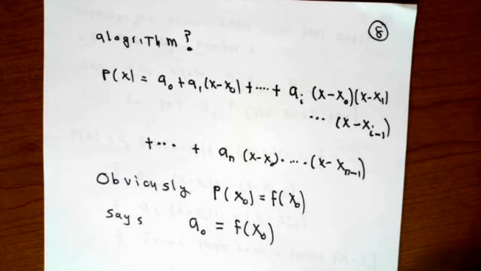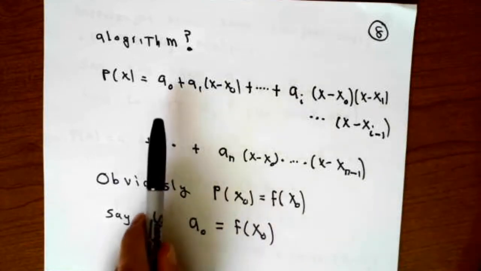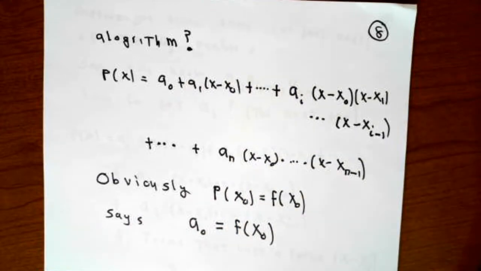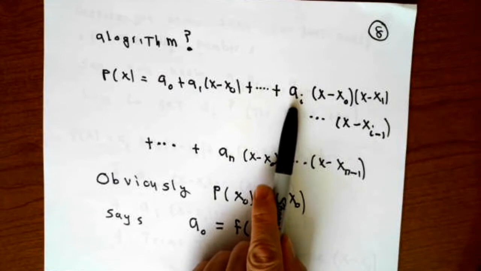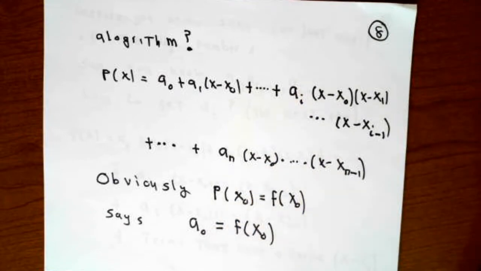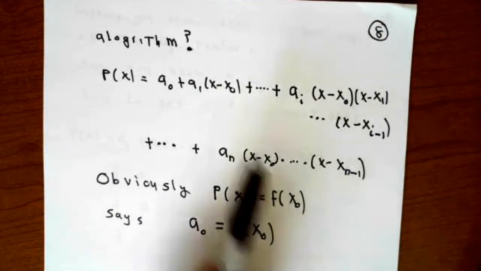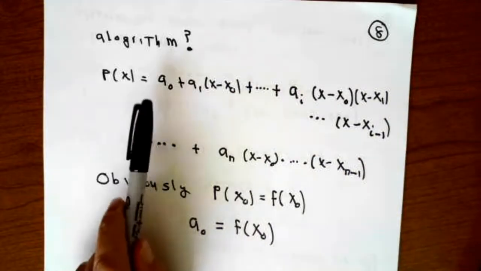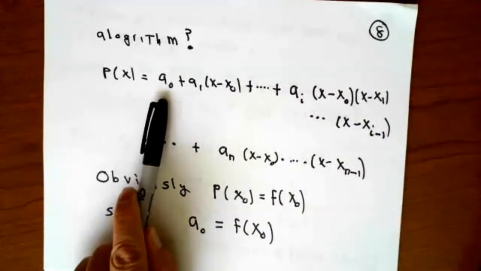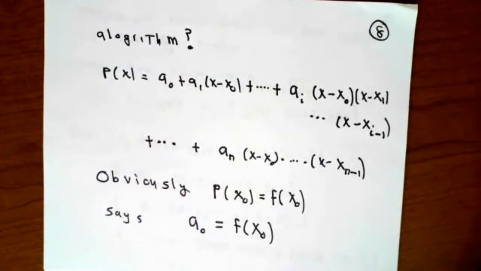I'm going to think of my p of x as being the usual form, but let's be very explicit here. I'm going to be looking for this ai. Obviously, if you put x equals x0 into this, all of these factors are 0, except you'll have a0 at the beginning.